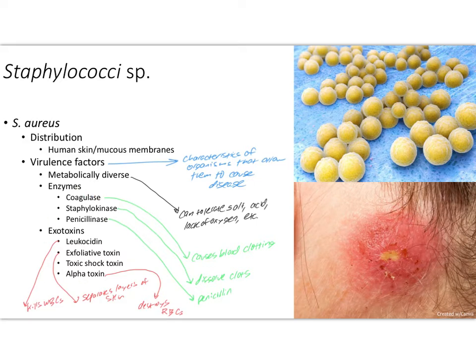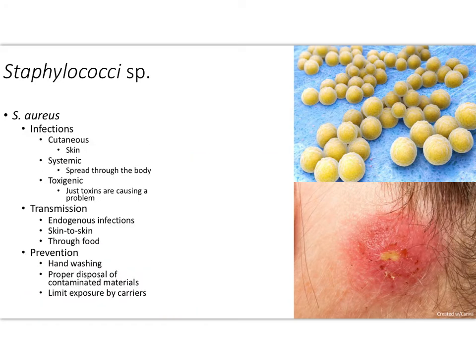So it is, like I said, the most significant pathogen out of this group of Staphylococci, in large part because of the organism's metabolic diversity and all the different types of enzymes and toxins it can produce. It's very good at infecting us and causing lots of different types of infections, because basically it can grow pretty much anywhere in our body.